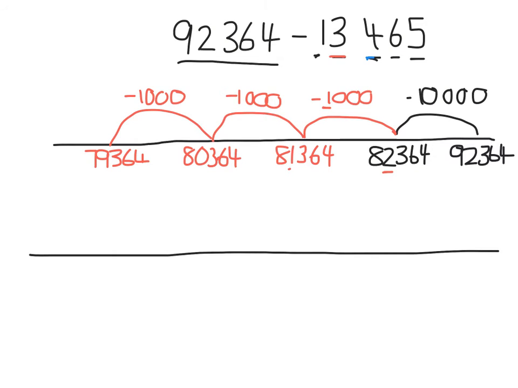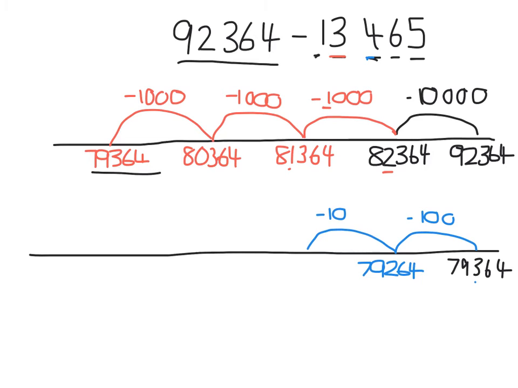Alright, so I'm going to start with this number because that was the last number. So it's 79,364. Then I'm going to take away 4 hundreds. So take away 100. So it's going to be 79,264. Then I'm going to take away another 100.